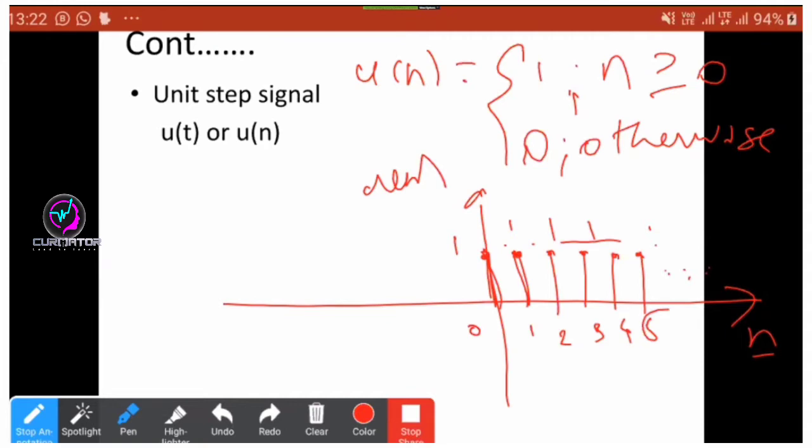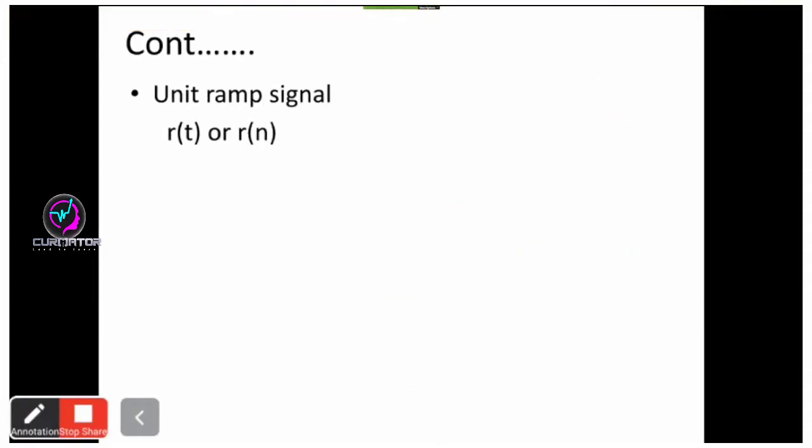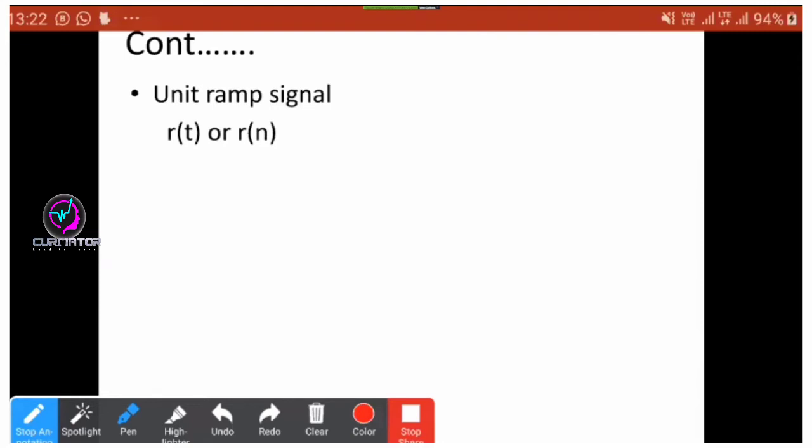Let me go to the next signal, the unit ramp signal. By its name we can tell it will increase like a ramp with respect to time. Its notation is r. We can write it as r of t or r of n. This is for the continuous time ramp.